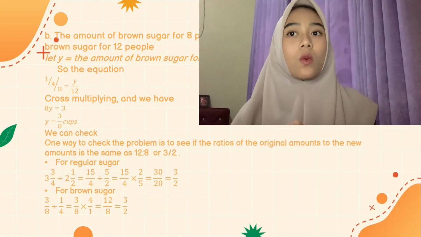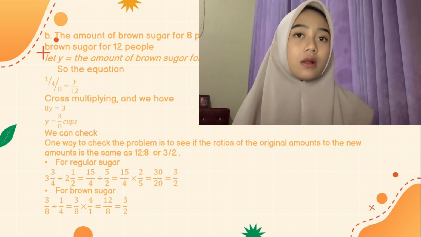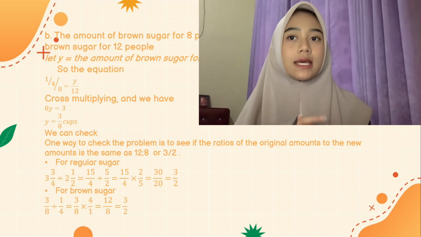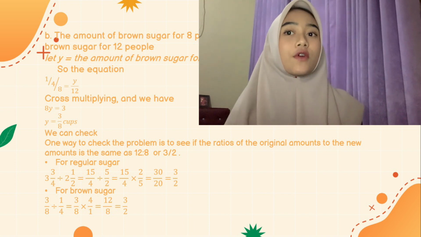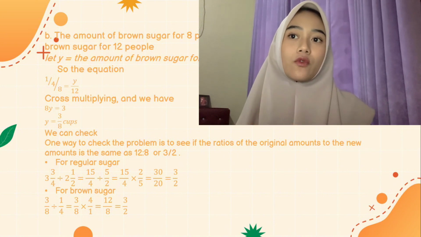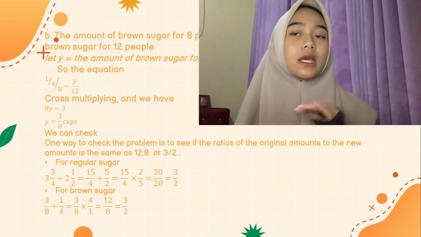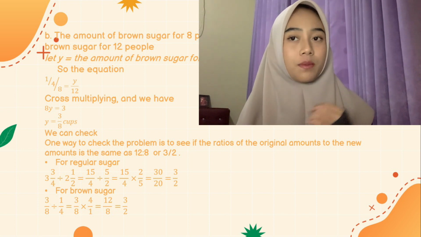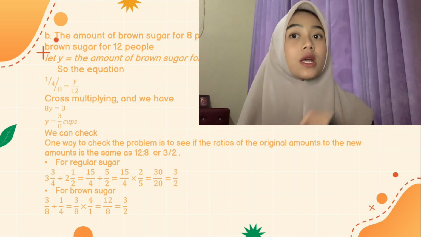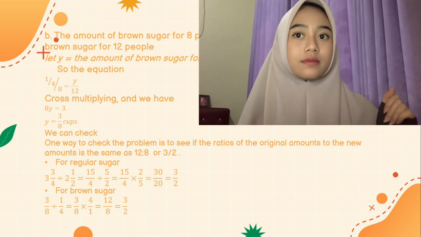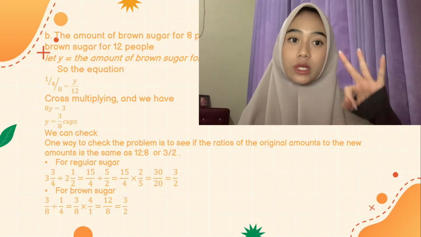We can check. One way to check the problem is to see if the ratio of the new amounts to the original amounts is the same as 12 to 8, or 3 over 2. For the regular sugar, it is 3 and 3/4 divided by 2 and a half, which is 15/4 divided by 5/2, equals 15/4 times 2/5 equals 30/20 equals 3/2.